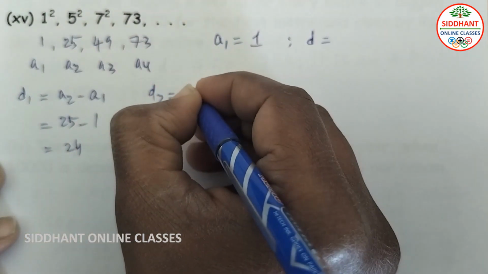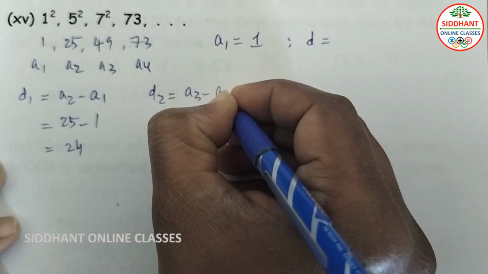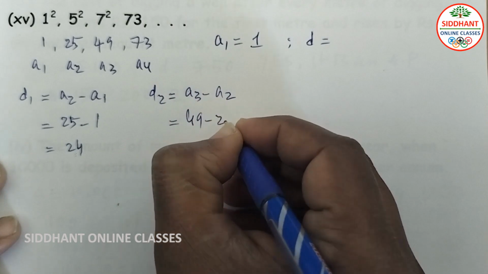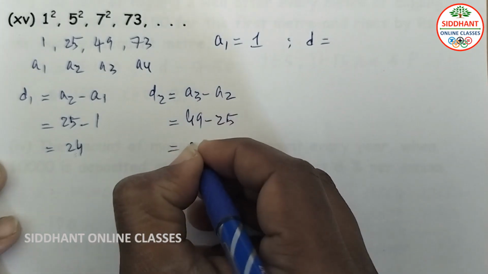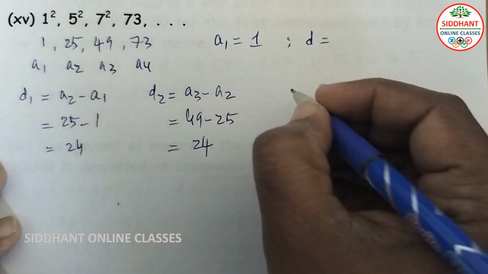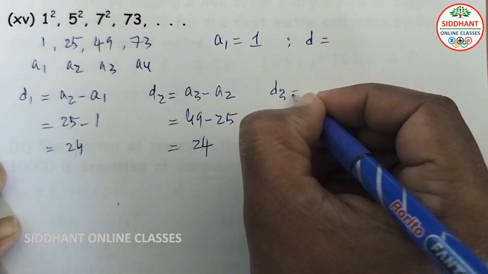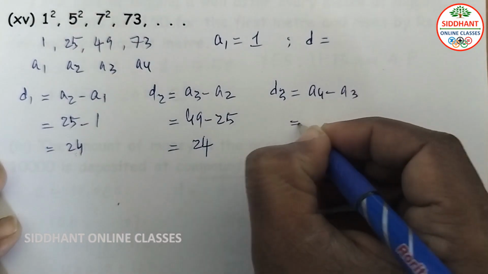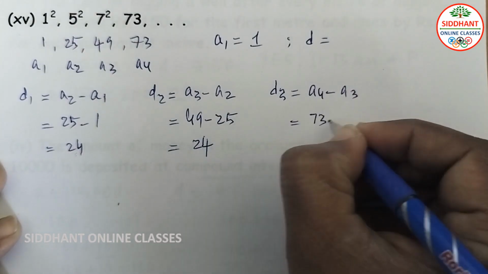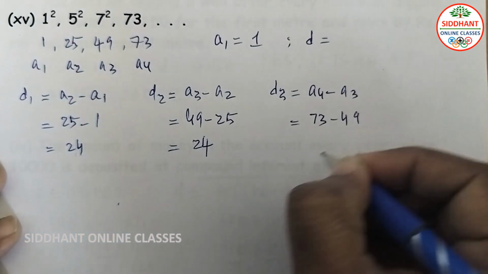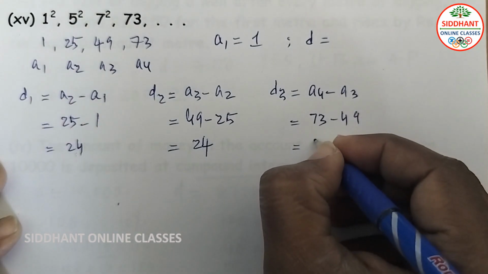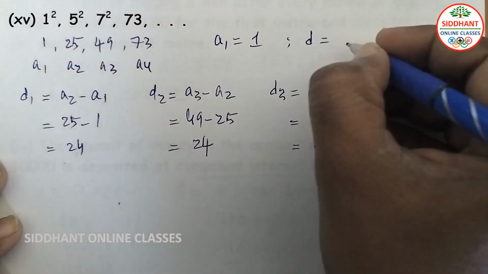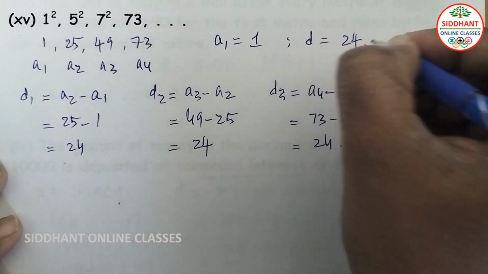D2 is equal to A3 minus A2, that equals 49 minus 25, that equals 24. D3 equals A4 minus A3, that equals 73 minus 49, that equals 24 here.